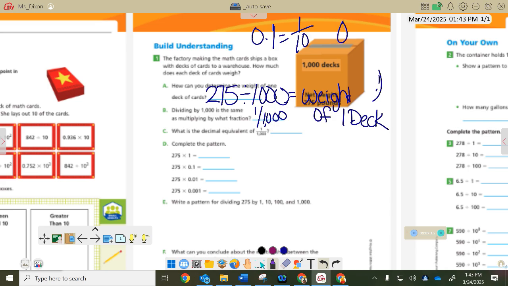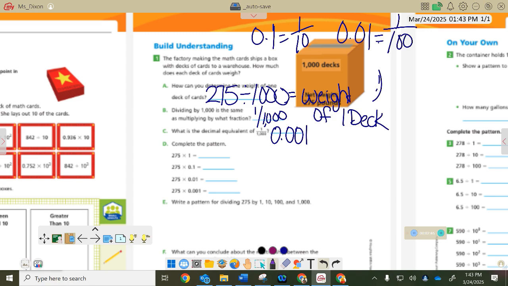If it was in the hundredths place, the fraction is 1 over 100. So what would 1 over 1,000 be? 1 over 1,000 would be 0.001.